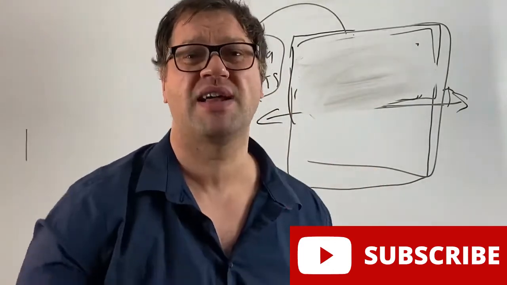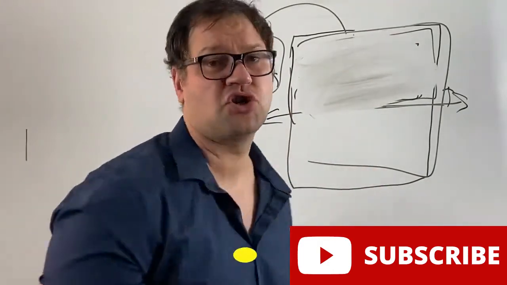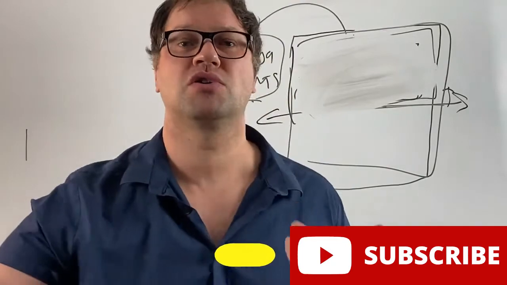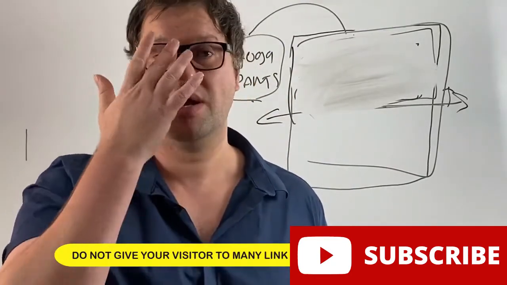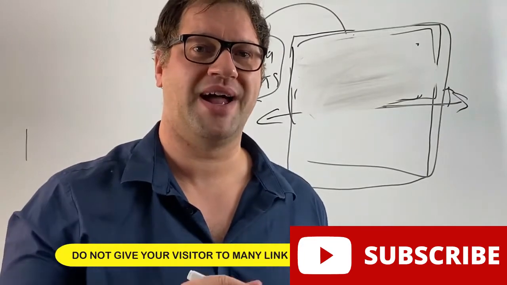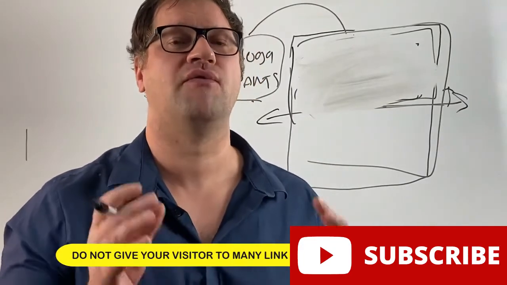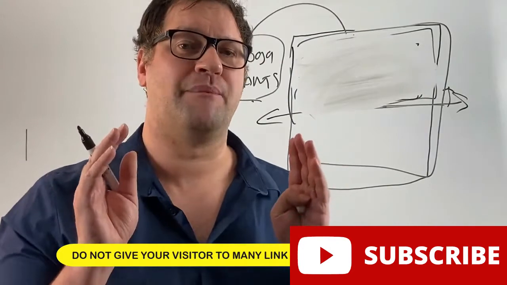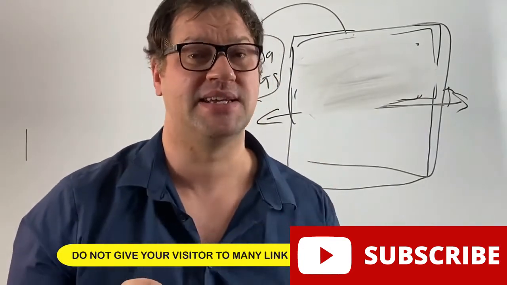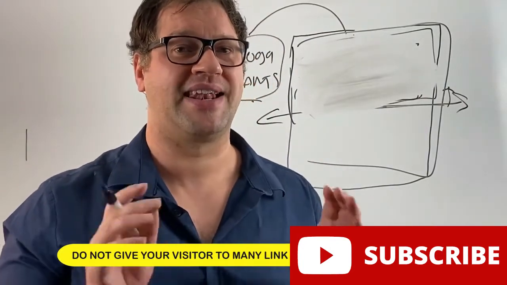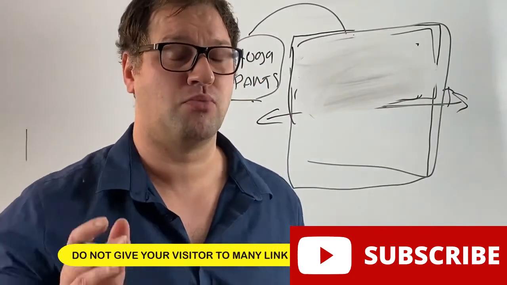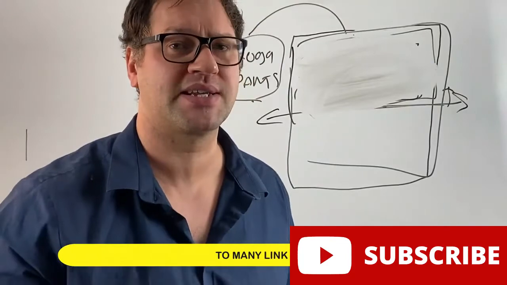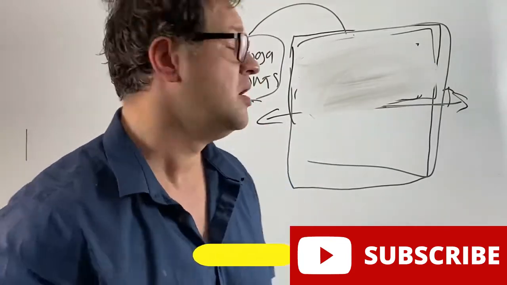Now what I see a lot of landing pages do, and I'm going to show at the end of this whiteboard tutorial some examples that I personally think are very good landing pages, that have been designed and created with sales and leads and conversion, more importantly, in mind. I'll show you those examples at the end of this video.